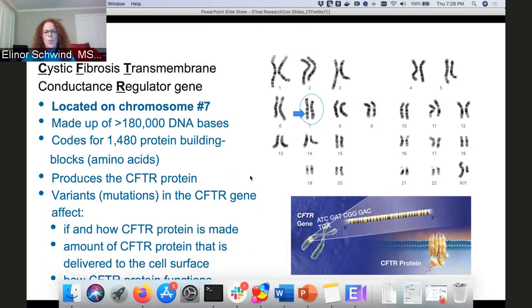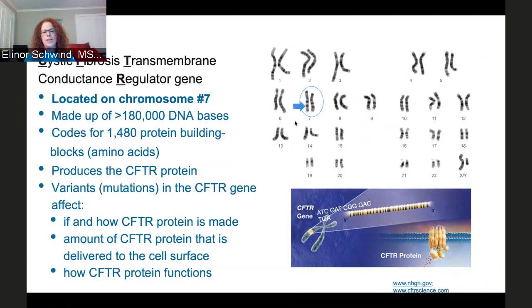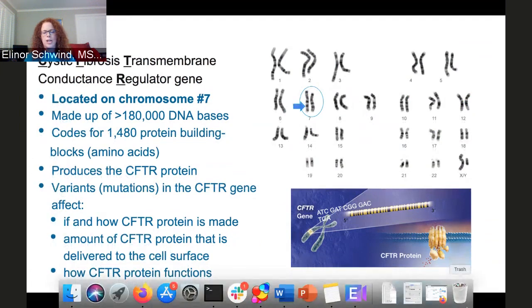One of the genes, the one that we're here to talk about today, is CFTR, the cystic fibrosis transmembrane conductance regulator gene, found on the 7th chromosome pair in this magnified photograph of the chromosomes of one cell. And everyone has 2 copies of the CFTR gene, which is made up of about 180,000 of those A's, T's, C's, and G's.